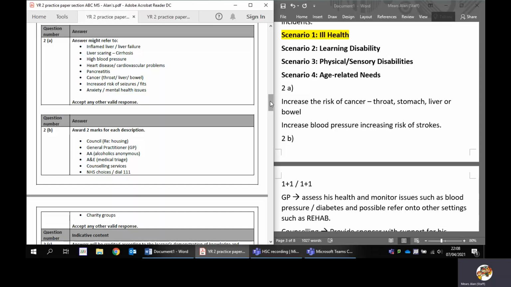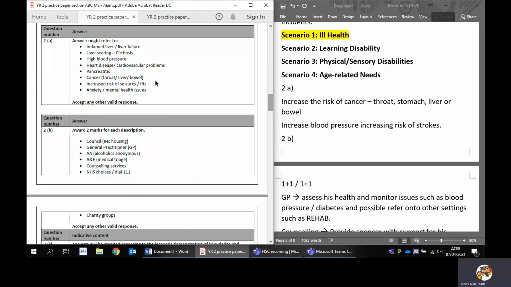So on the list here, we've got high blood pressure. It doesn't mention strokes, but strokes would be associated with high blood pressure. Some of the other issues, we've got inflamed liver, liver failure or liver damage, liver scarring, which is cirrhosis. We have got heart disease and cardiovascular problems, pancreatitis, increased risk of seizures and anxiety.